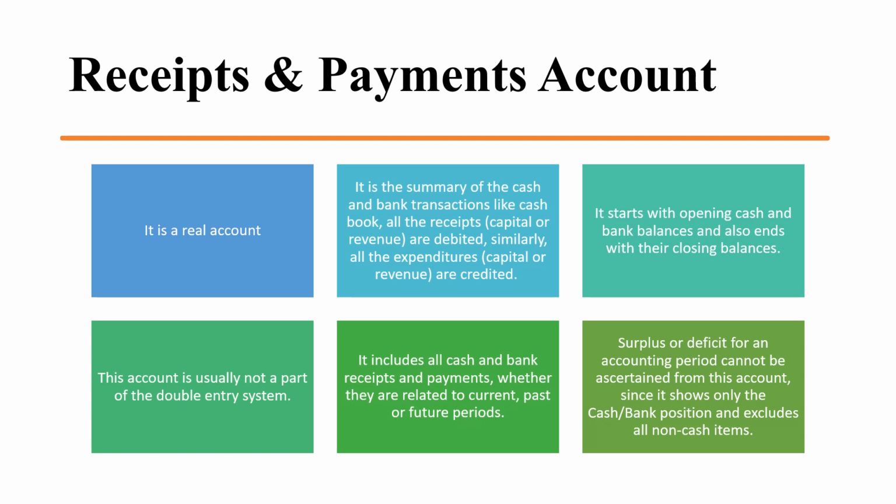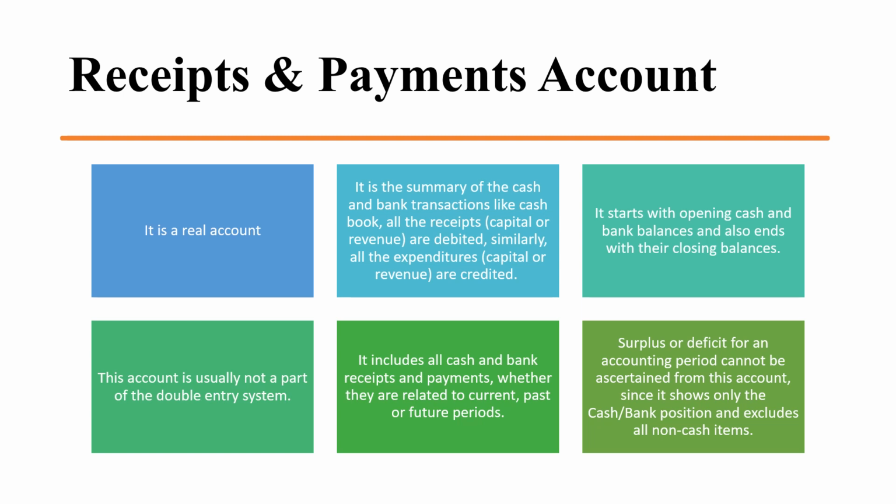As we know, the rule is debit what comes in, credit what goes out. We follow the same rule, and hence all the receipts of cash are debited and all the payments of cash are credited. That means if cash is coming in, we debit it, and if cash is moving out, we credit it.